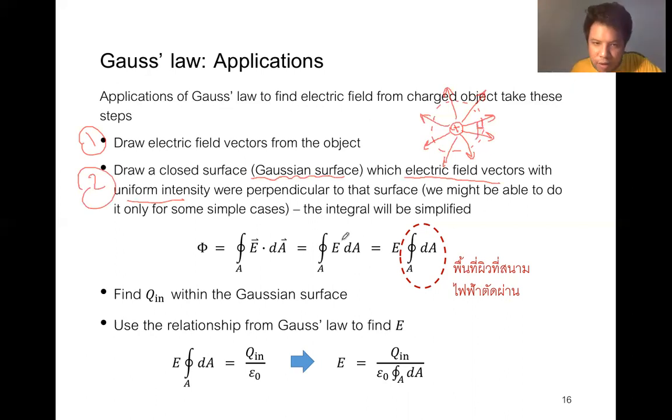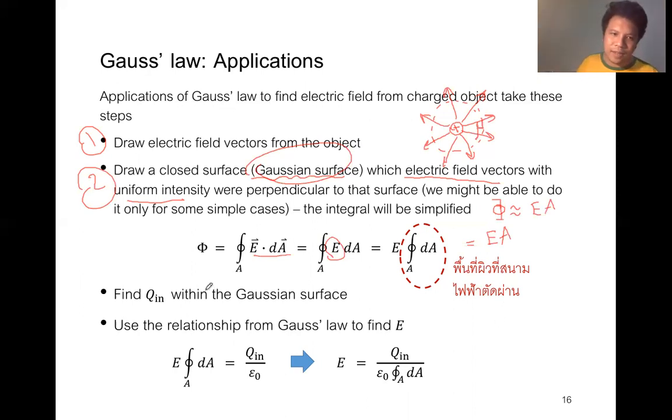Okay, so when it is uniform and perpendicular to the surface, we can simplify the flux as E times A. So you need to define the Gaussian surface so that the flux can be approximated as EA. That's the trick.